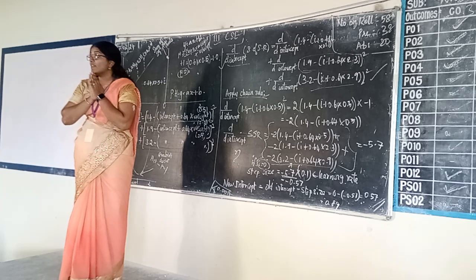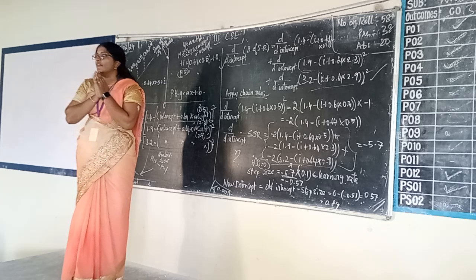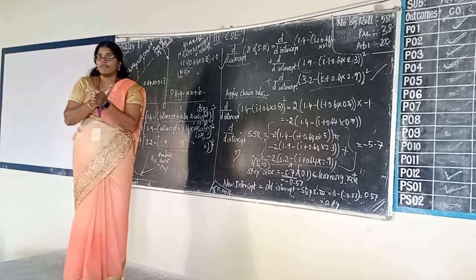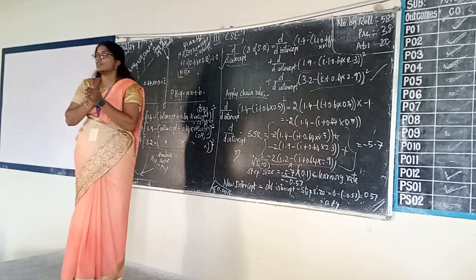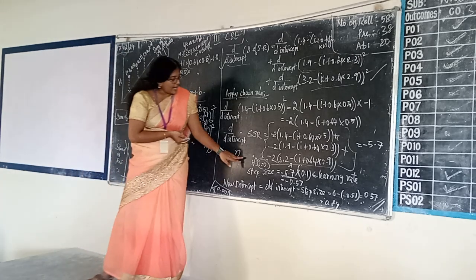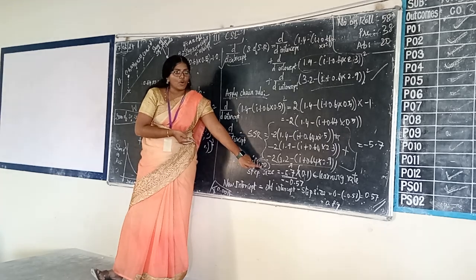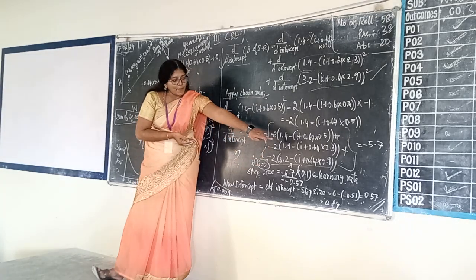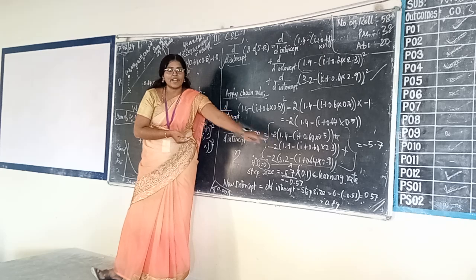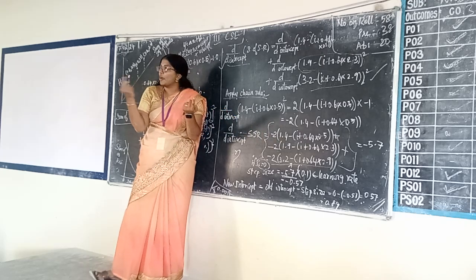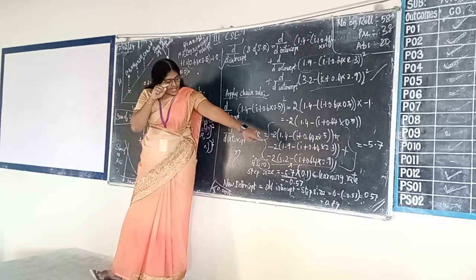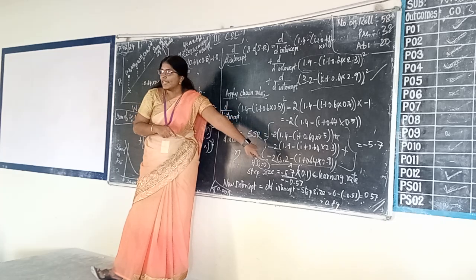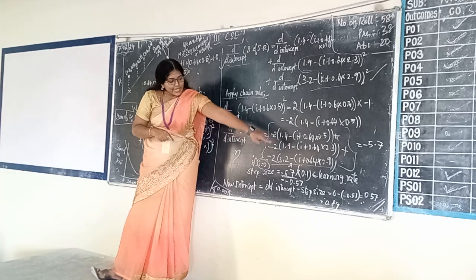Got it? When can we stop? When the difference is less than 0.001. Which difference? Here the first intercept is 0, the second intercept is 0.57, so the difference is 0.57. Next we take 0.89, and you have to take the difference between 0.89 and 0.57.